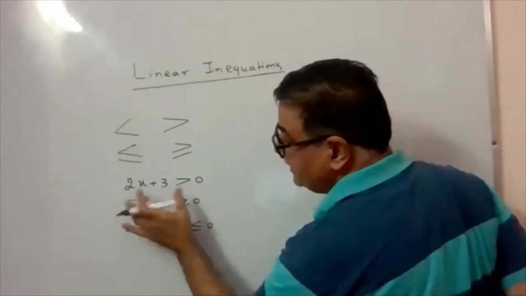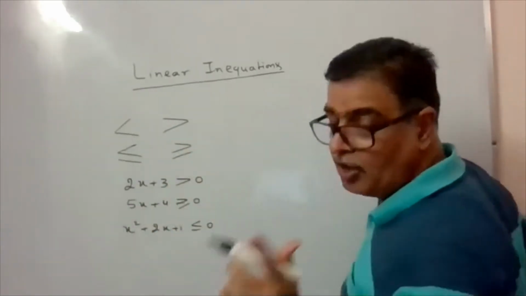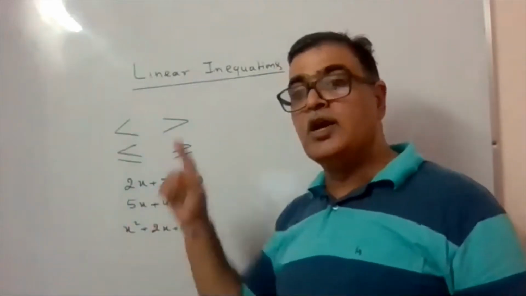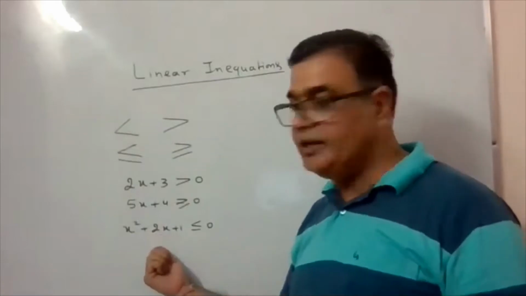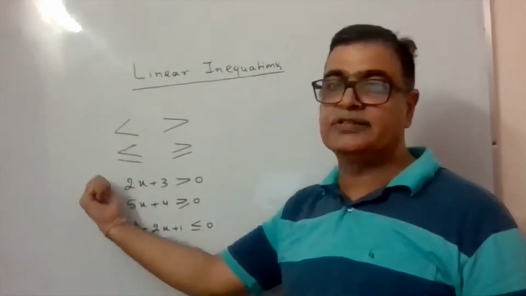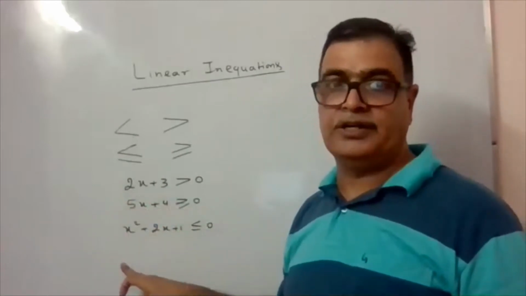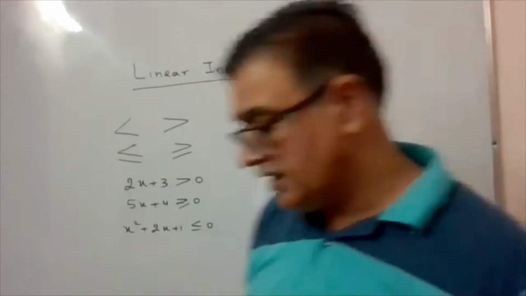And in this case, the x power is 1, here also x power 1, so we will call them linear inequations. And this will be called quadratic inequation. So this is quadratic inequality, this will be linear inequality, this will be linear inequality. That you should keep in mind. So this way you will be having inequations.